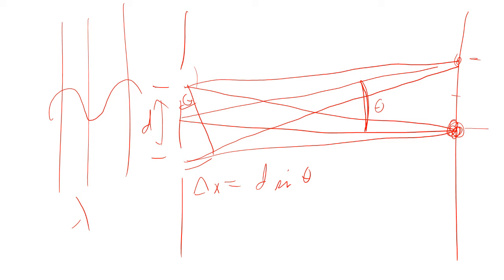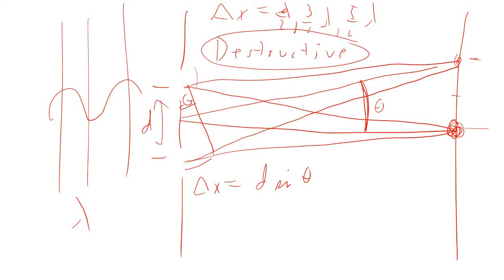If d sine theta, so if delta x equals half a wavelength or 3/2 wavelength or 5/2 wavelength, then that is going to be destructive interference. If delta x is 0 or a wavelength or 2 wavelengths or 3 wavelengths, that's going to be constructive interference.